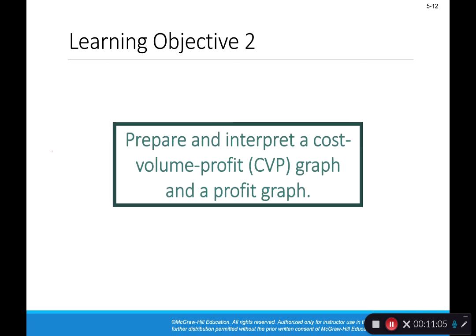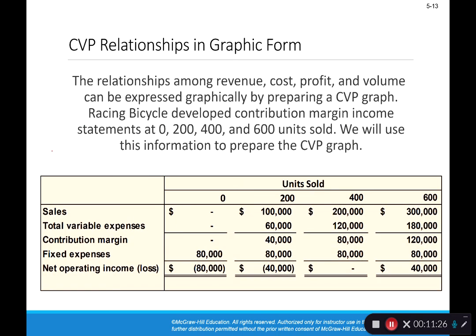So let's talk about a cost volume profit graph. I think this is a very useful thing to get an understanding of because it'll help you visualize how all of this break-even stuff works. You're not going to be drawing any graphs on any of our quizzes or exams, but you should understand how they would be prepared and some of the fundamentals I'm about to go over.